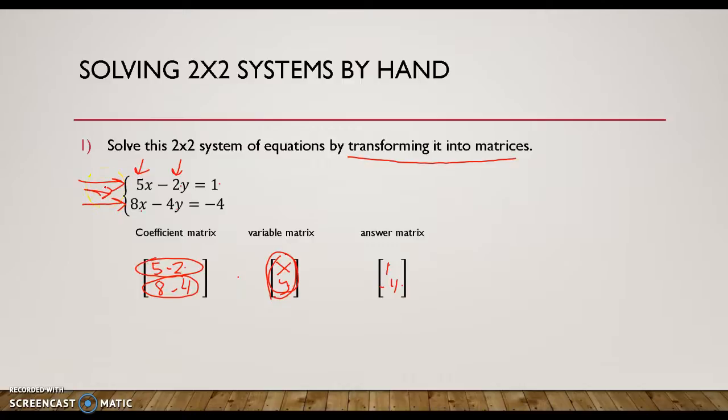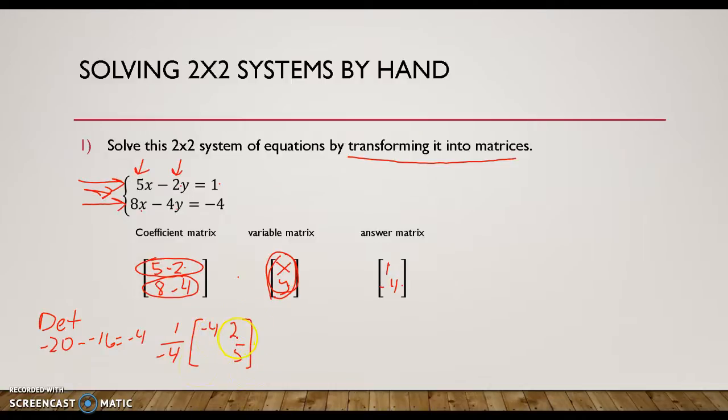And so we can solve this by hand. We would first have to find the determinant. The determinant is going to be 5 times -4, which is -20, minus 8 times -2, which is -16. And -20 minus a -16 is -4. Then we're going to take 1 over the determinant and multiply it times a new matrix. So the -4 and the 5 will switch places.